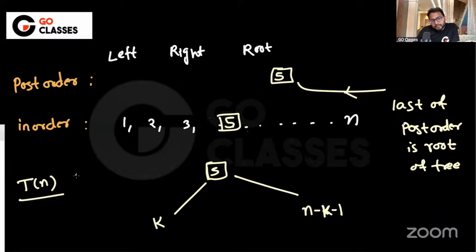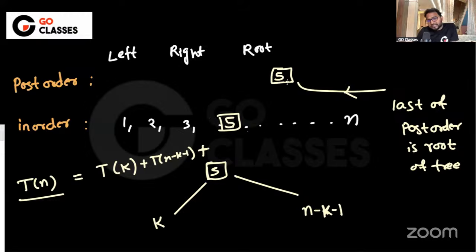So can you write like this that you have to again work for this k, you have to again work for n minus k minus 1, and you have taken the time to search for the 5 also. I mean, you have divided into two subproblems, but for the division also, you have taken some time. And what is the time that you have taken?